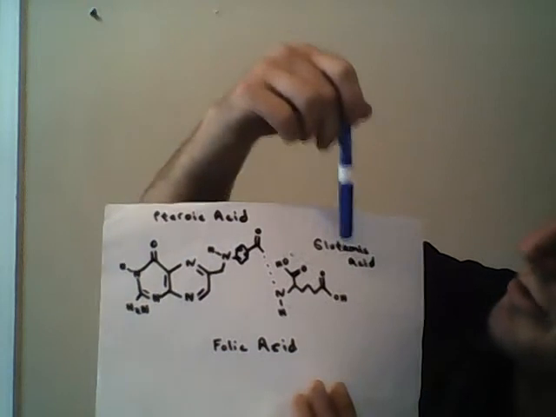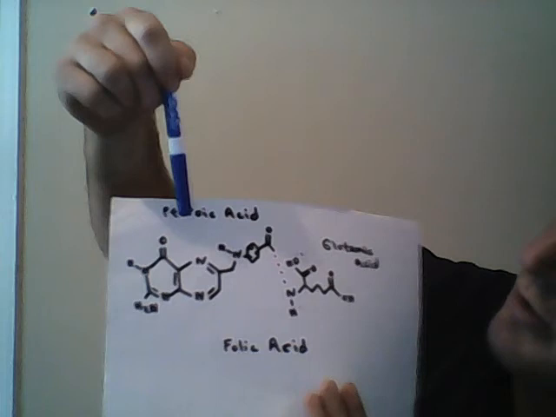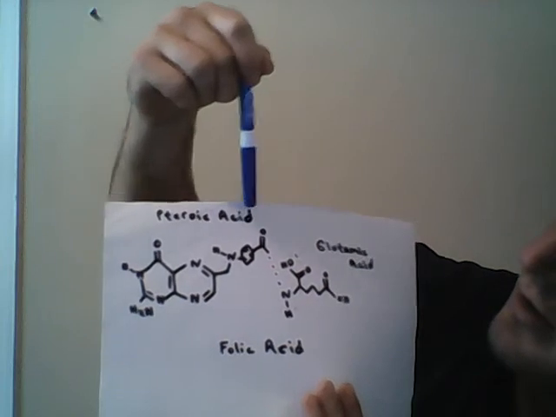Anyway, what I want to talk about right now is folic acid and the conversion of uracil to thymine. So right here you have folic acid, which is glutamic acid attached to pteroic acid.